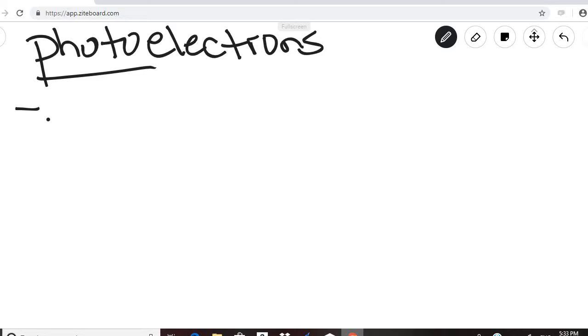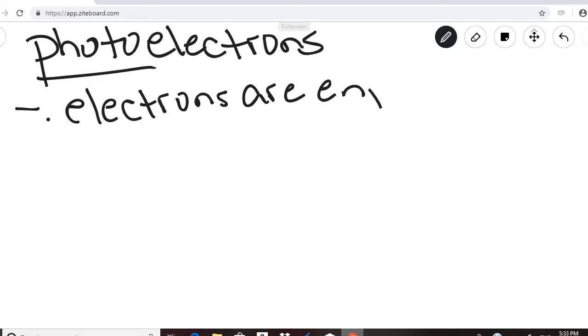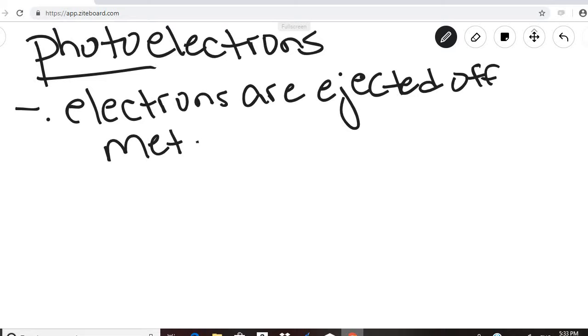The first one is that when you shine a light onto the metal, the electrons are ejected off of the metal within a few billionths of a second. So very, very fast.